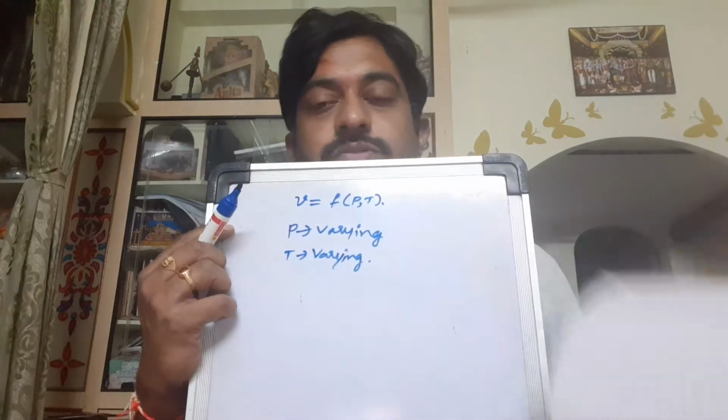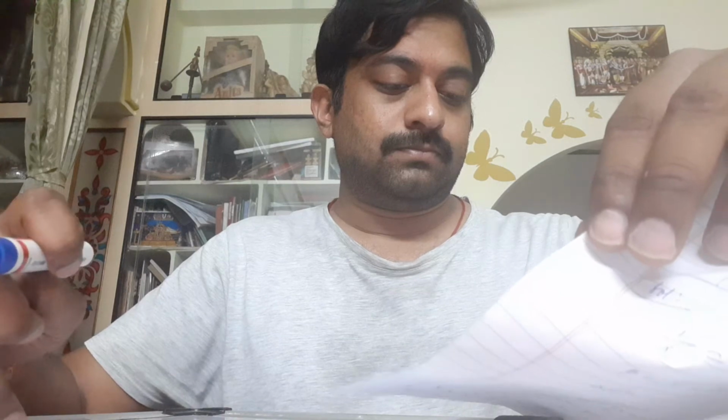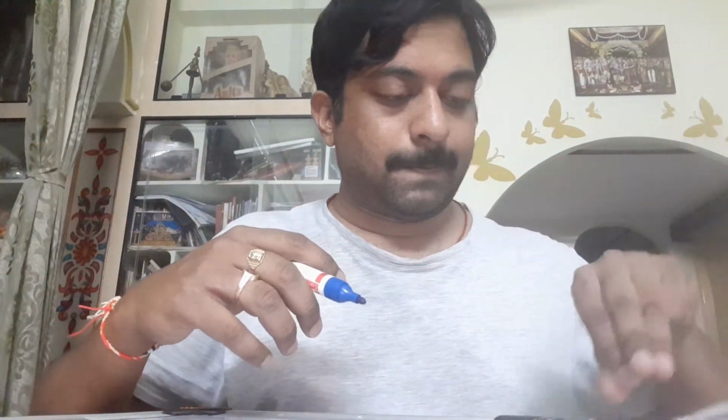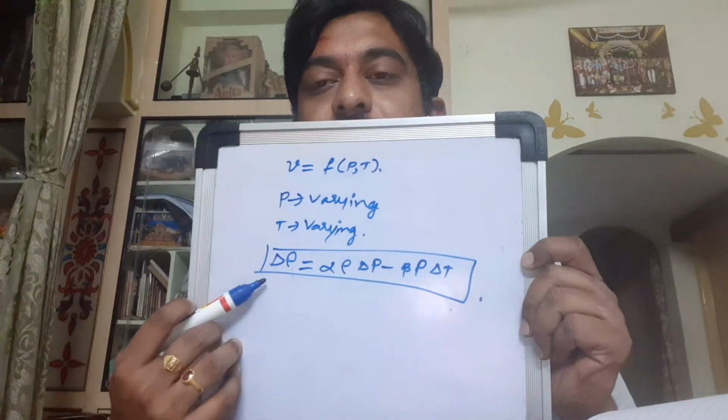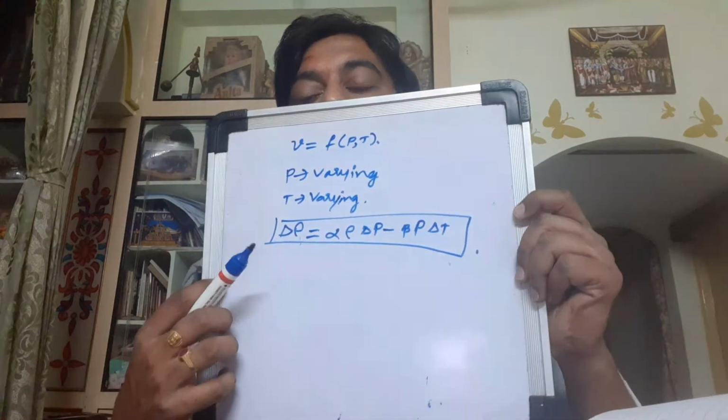Now, instead of asking how specific volume changes with respect to pressure and temperature, he is asking us to prove delta rho is equal to alpha rho delta P minus beta rho delta T. So this is the relation we want to prove. So how do we arrive at this solution?